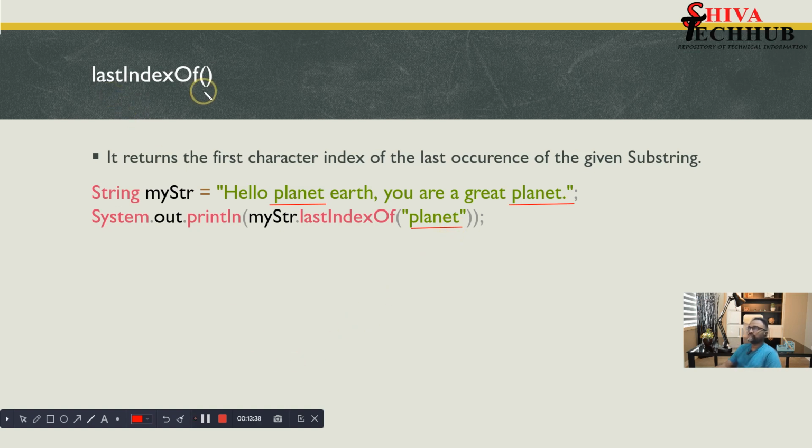Whenever you use the lastIndexOf function, it returns the first index position of the last occurrence of planet. This is the first occurrence of the given string planet, and this is the second or last occurrence. It returns the index position of this particular p, right? So that is how we need to understand the lastIndexOf function.